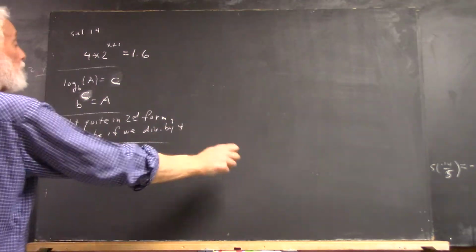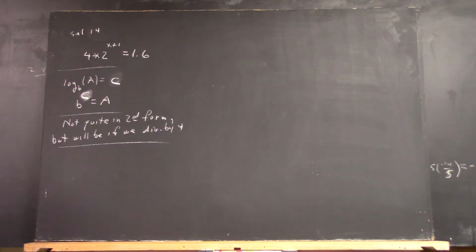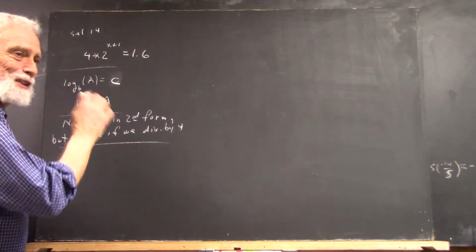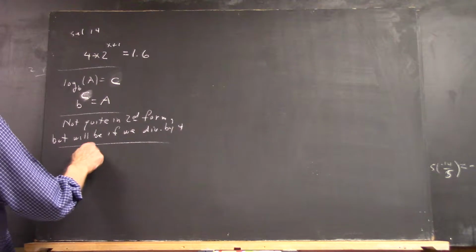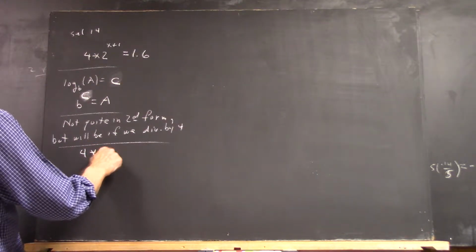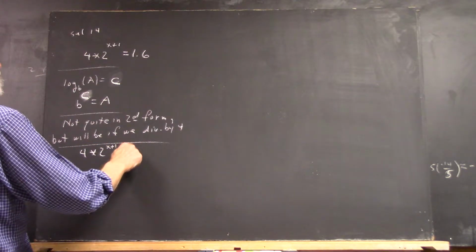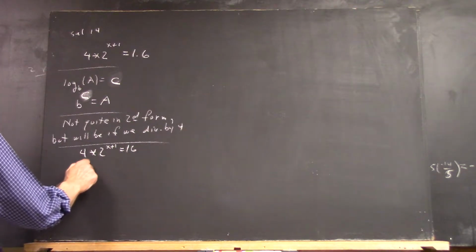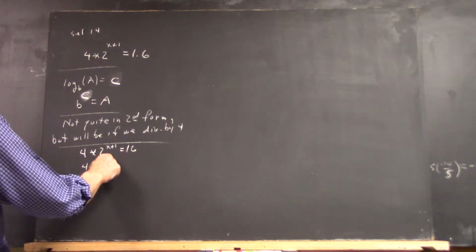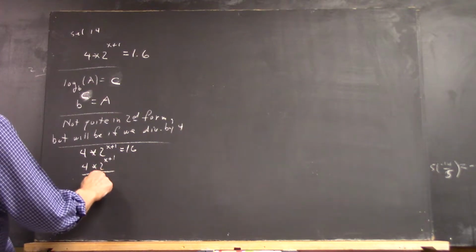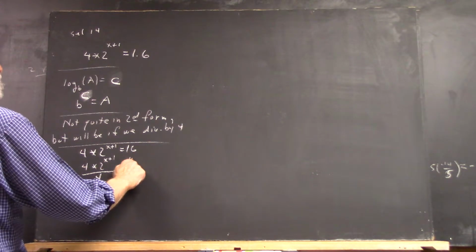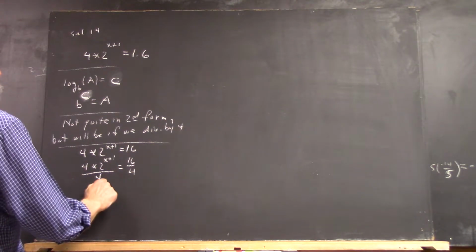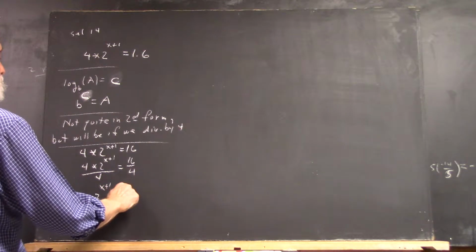And of course, that means divide both sides by 4. I didn't want to write out all those words. Okay, so we got 4 times 2 to the x plus 1 equals 16. We divide both sides by 4. And not surprisingly, we get 2 to the x plus 1 equals 4.